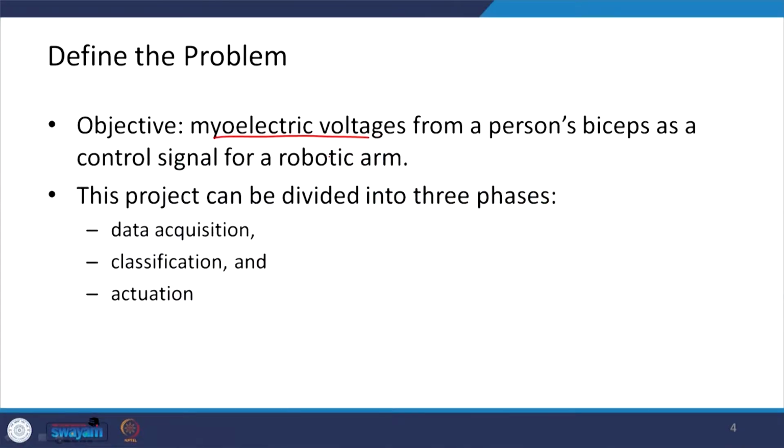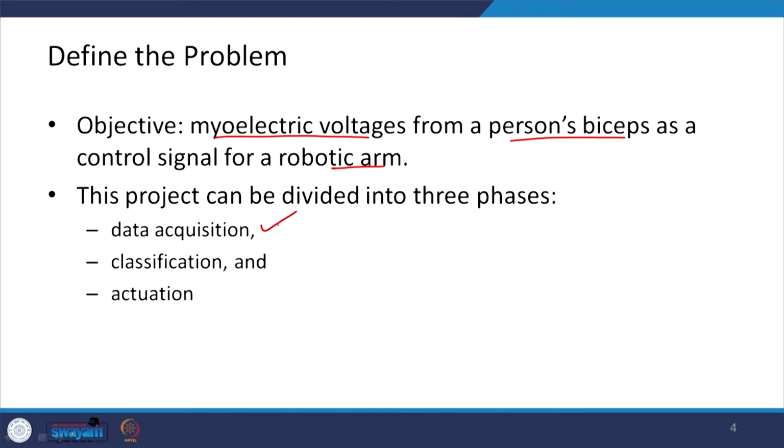So, the definition of the problem, as I said, our aim is to get myoelectric voltages from a person's bicep as a control signal for a robotic arm. Okay. And based on that signal, say we want to control a robotic arm. Okay. So, this project can be divided into three phases.